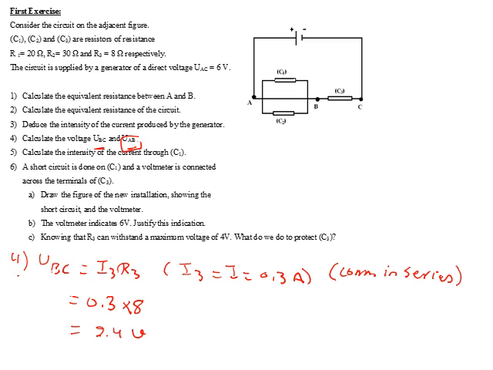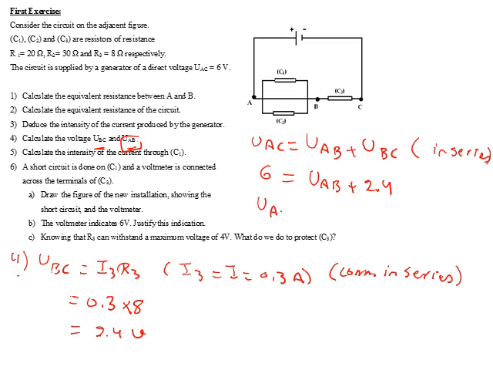While U across AC equals U across AB plus U across BC since they are connected in series. So 6 equals U across AB plus 2.4. So U across AB equals 6 minus 2.4 equals 3.6 volt.